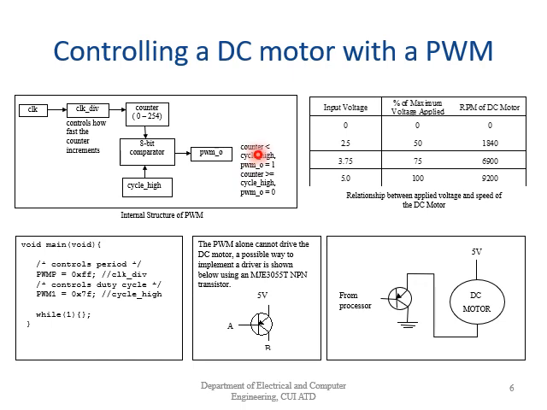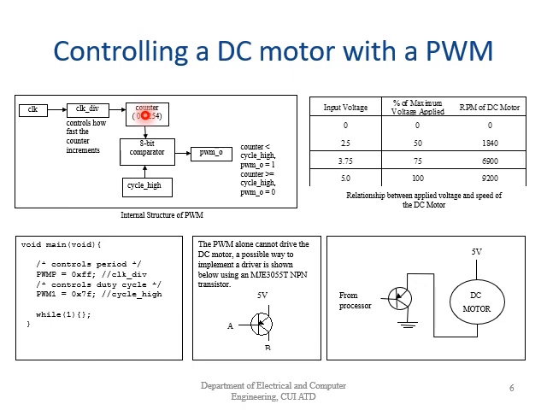Because as long as this counter is less than this cycle high, we are going to have 1. So 255 in cycle high means that we have 100% duty cycle. And if we have 00 here, it means that we are going to have 0% duty cycle.